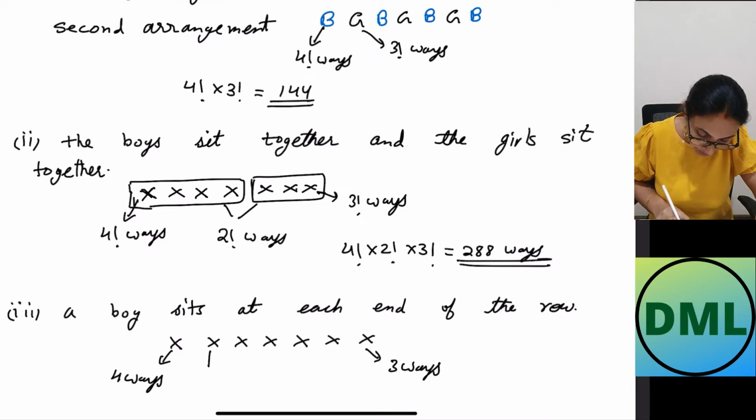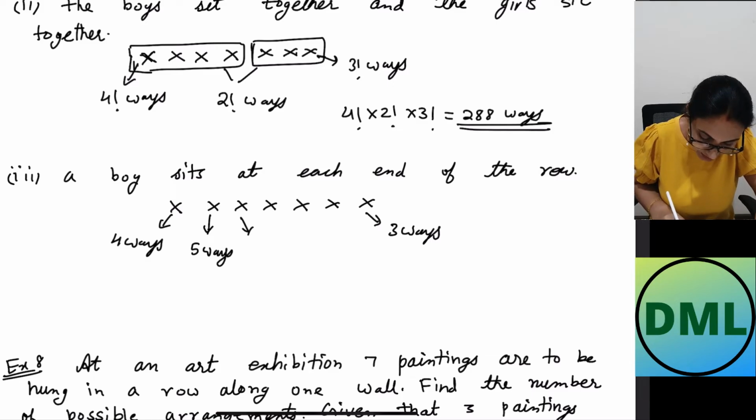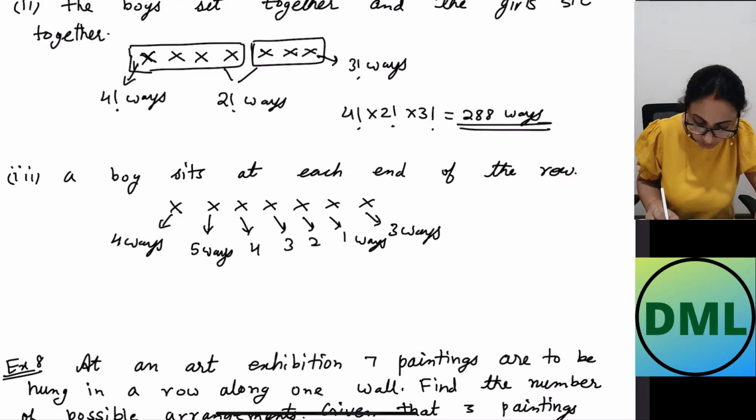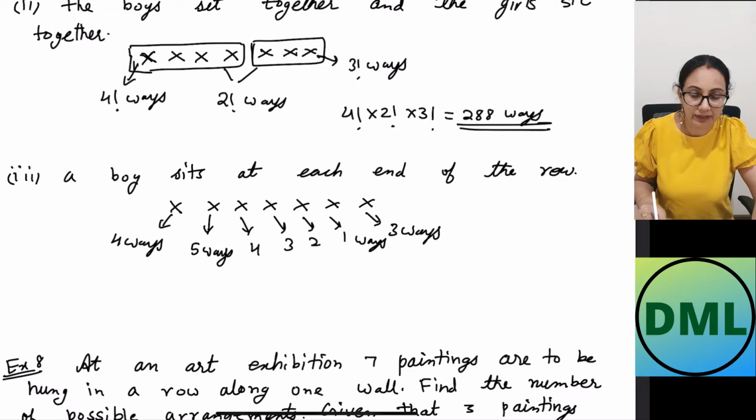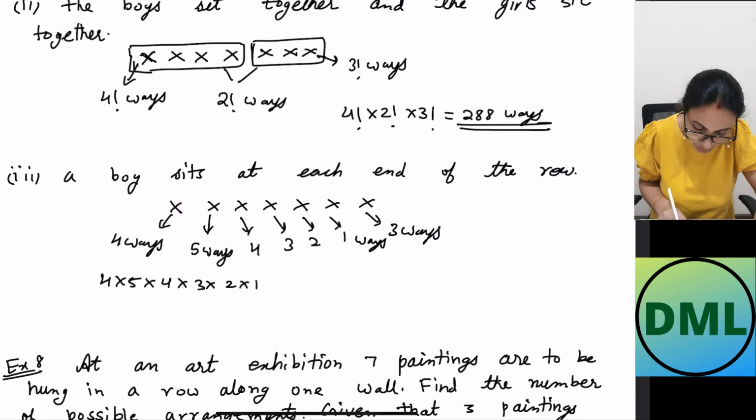So this place can be filled in 5 ways. Similarly, next one will be 4, next will be 3, next will be 2 and next will be 1 way to do it. So the total number of arrangements is given by 4 cross 5 cross 4 cross 3 cross 2 cross 1 cross 3, which is equal to 1440.